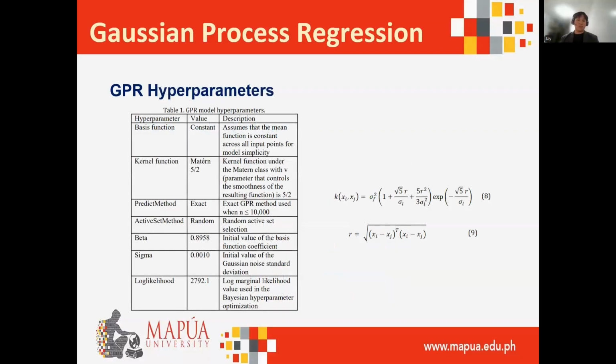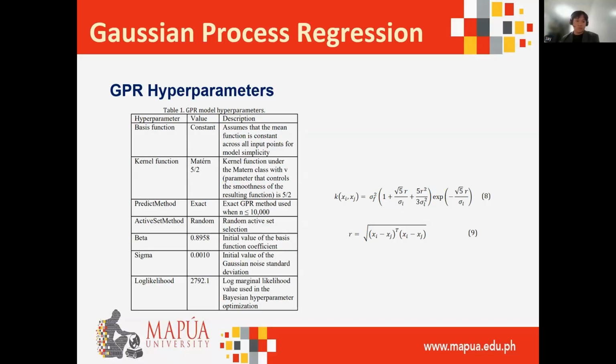So for the GPR hyperparameters, hyperparameters control the learning process and influence the model's architecture and behavior. In this case, the hyperparameters used in the GPR model development in this work are summarized in table one with their corresponding values and brief descriptions.